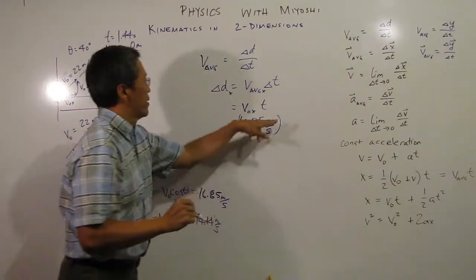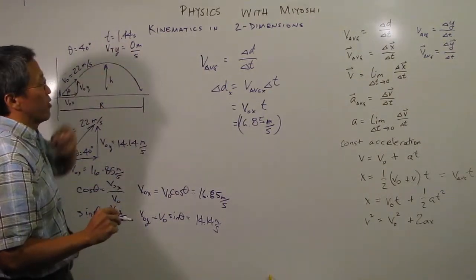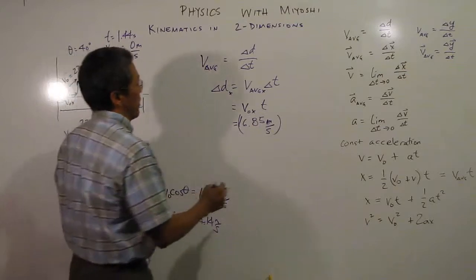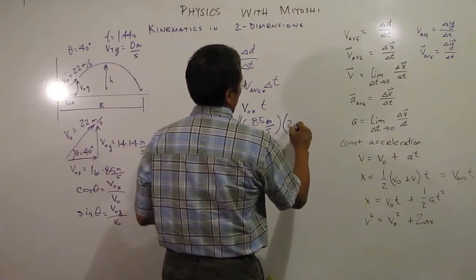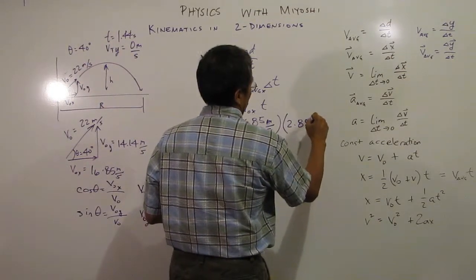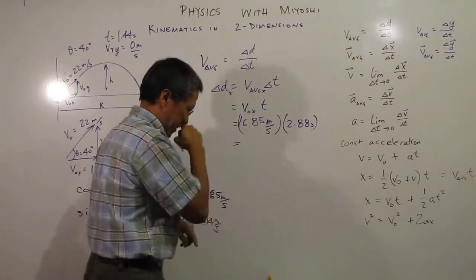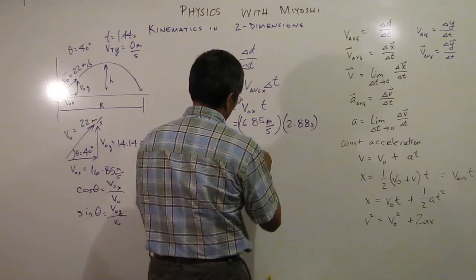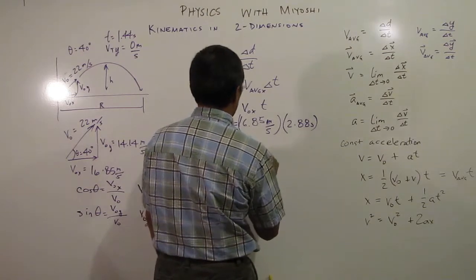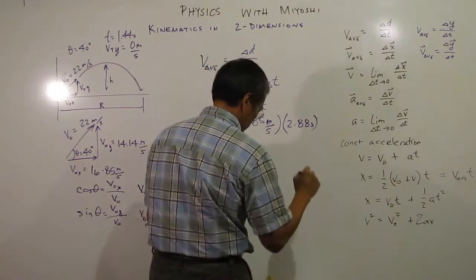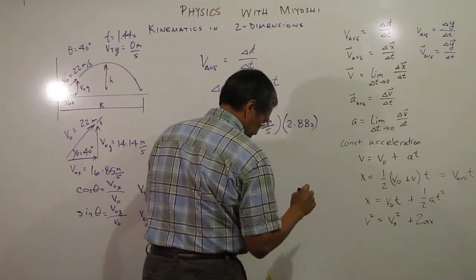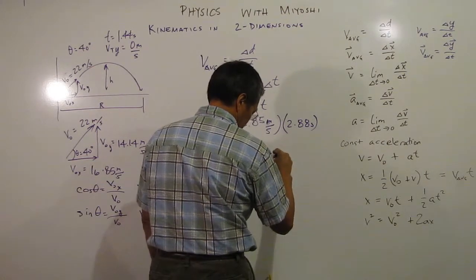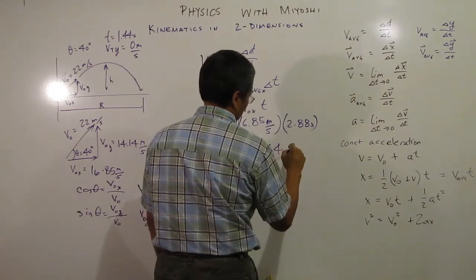And my time is not 1.44 seconds, because that's the time it takes to get up to the top. It would be multiplied by 2, so that would be 2.88 seconds. And that would then be 48.64 meters.